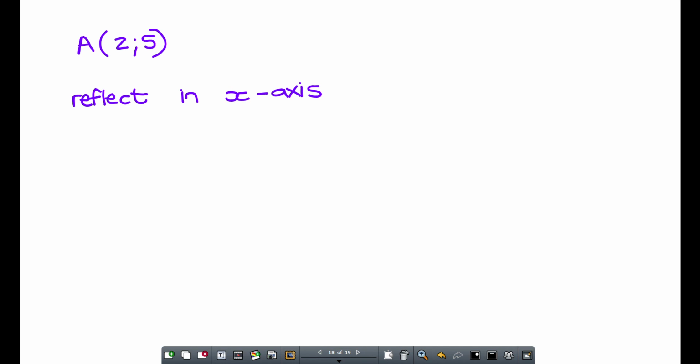So when we reflect it in the x-axis, it will become 2, minus 5. When we reflect in the y-axis, it will become minus 2, positive 5.